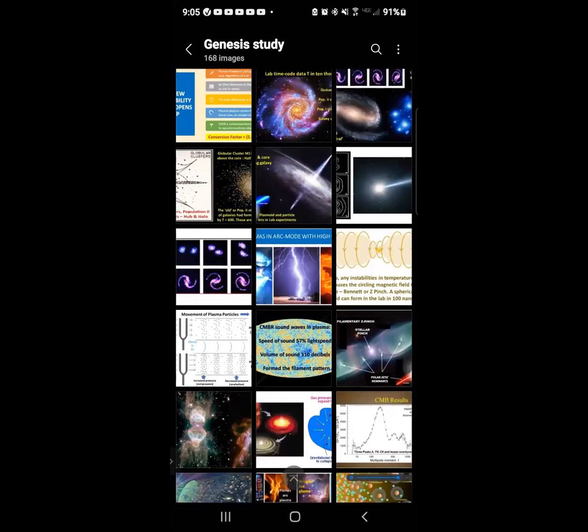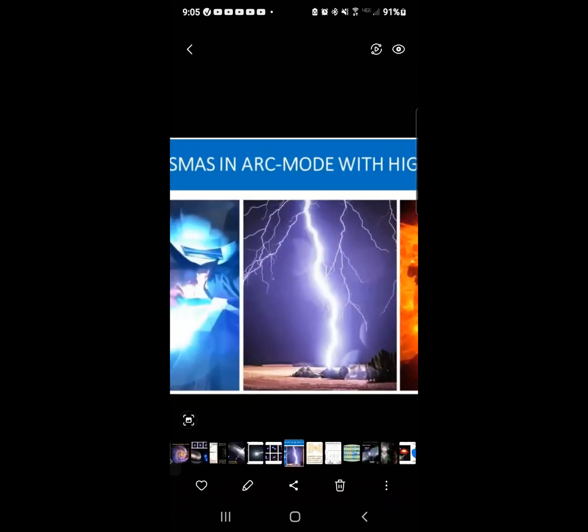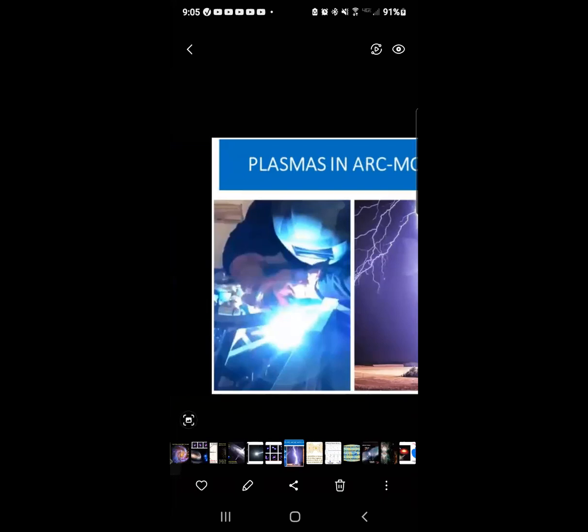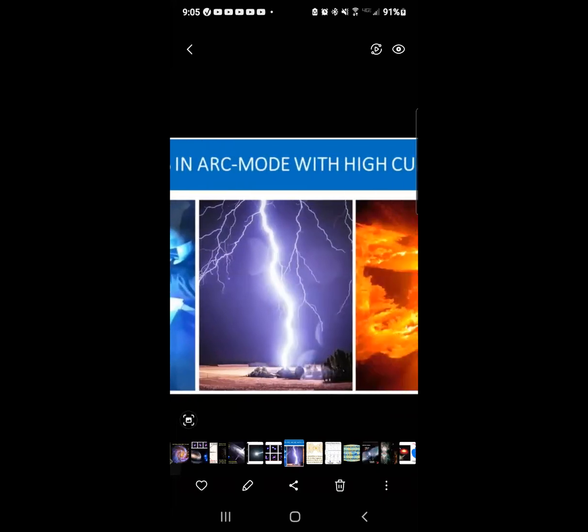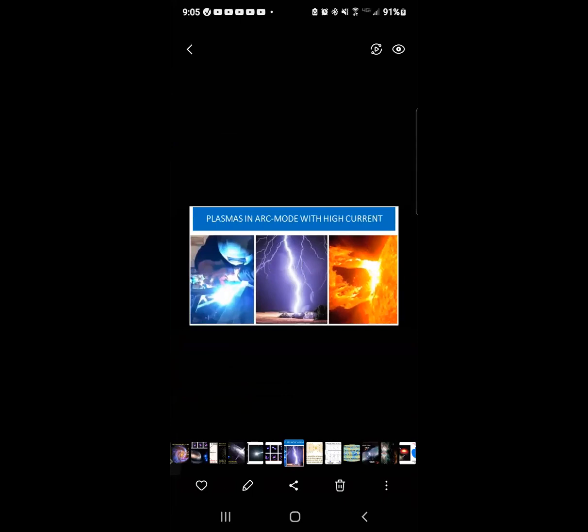Many people are familiar with how a welding machine works. You basically connect two leads to the piece of metal that you're welding on, and at the connection point, the metal will heat up and melt instantaneously. So lightning, another form, is like welding, and then the sun, these are all arc mode with a high current, a high electromagnetic field.